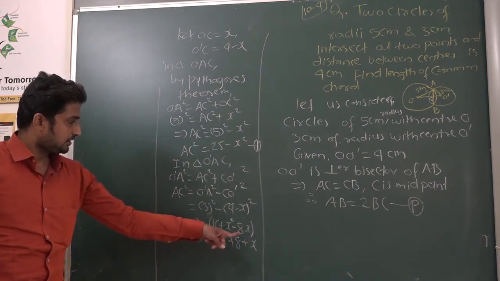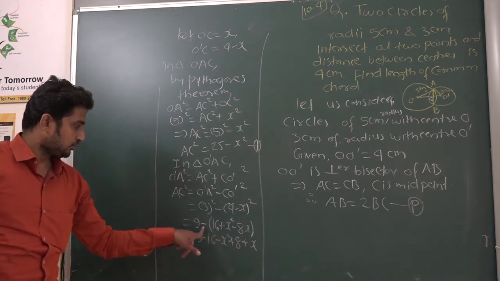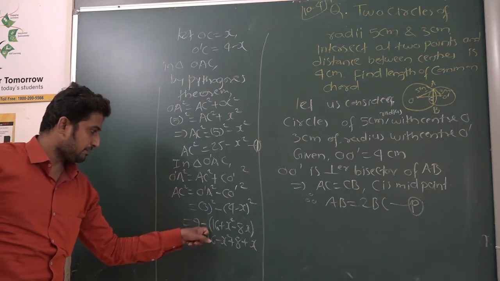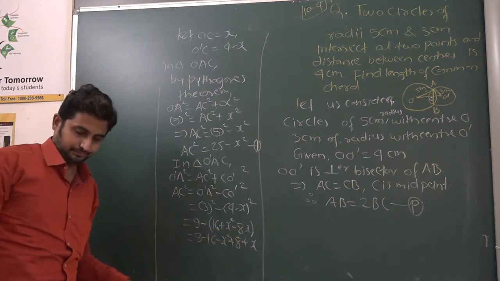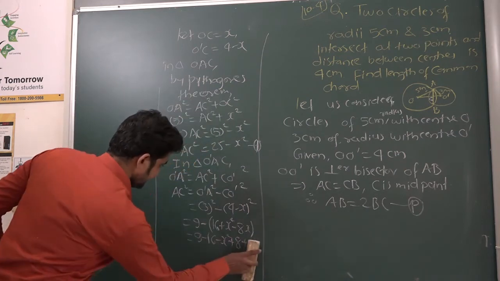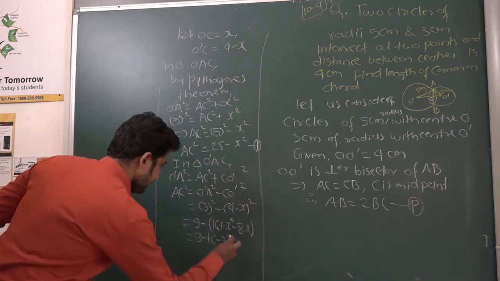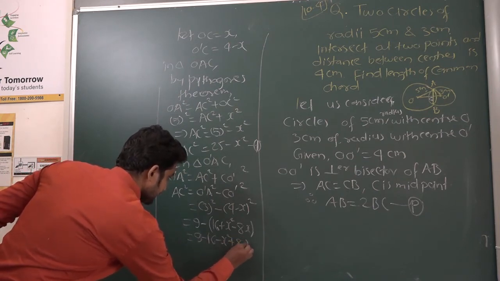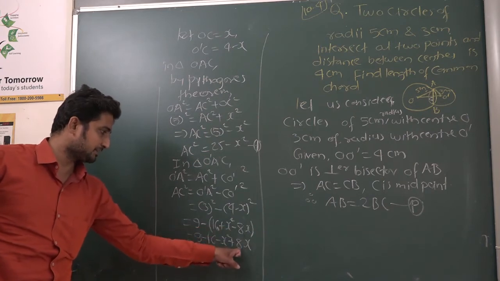Okay. This is, if we multiply by minus sign, it is minus of 16, minus of x square, plus of 8x.